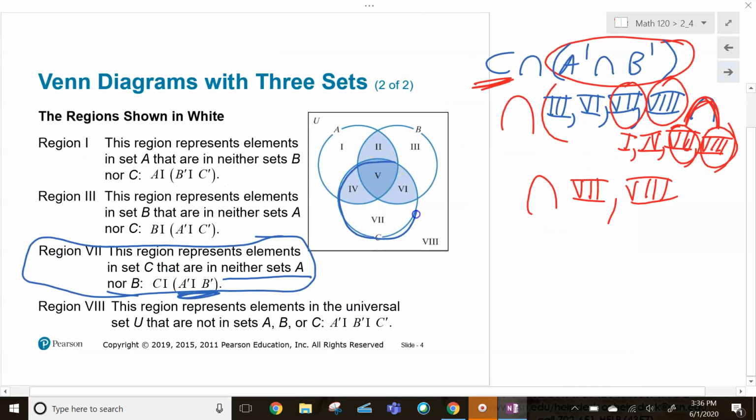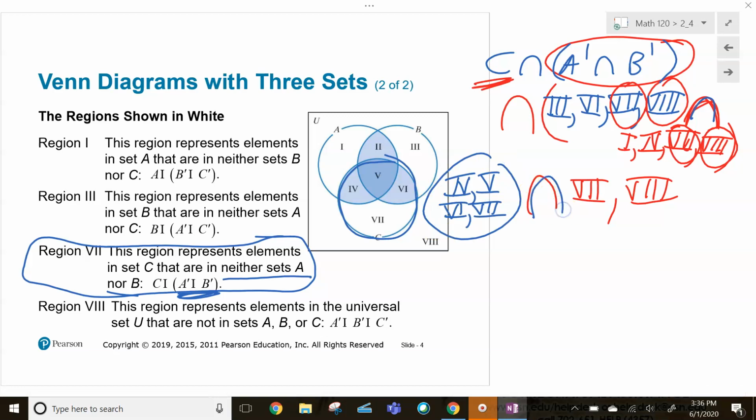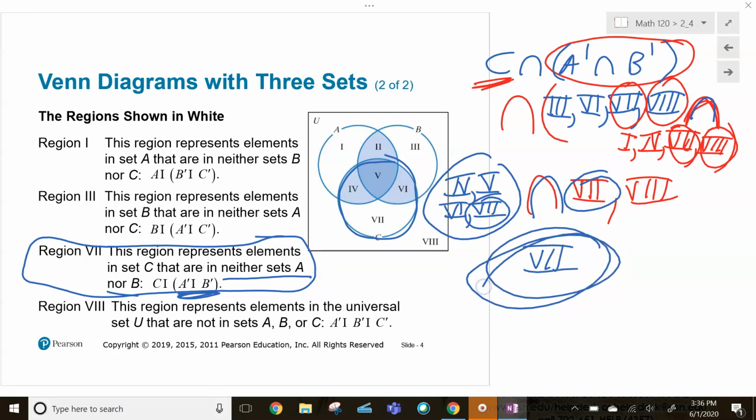Here's C. We've got 4, 5, 6, and 7 in C. So who's in C and in 7 and 8? I have to be in both. So 7's in both. That's the only one that's in both. All right, so 7's our winner. Just this white one is the one that represents C and the intersection of not A and not B.